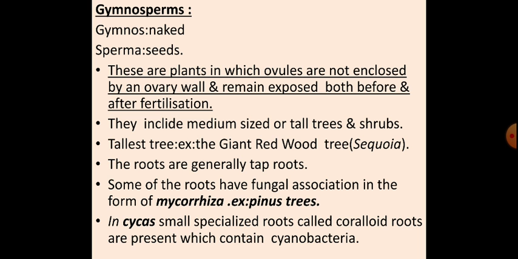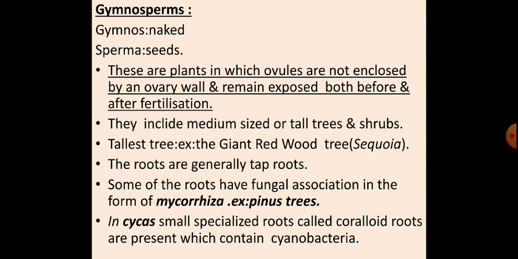Okay. These gymnosperms include tall trees, medium-sized trees as well as small trees. Example of a tall tree is the giant redwood tree, sequoia. If you have seen a redwood tree, it is very giant, a big one.